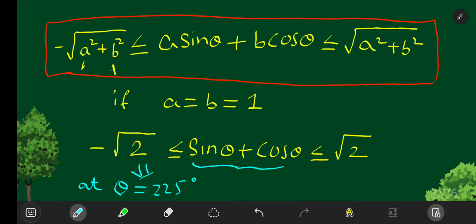At theta equal to 45 degrees, you will get plus root 2. Sin 45 plus cos 45 is equal to root 2 when theta is equal to 45 degrees. That is its value.